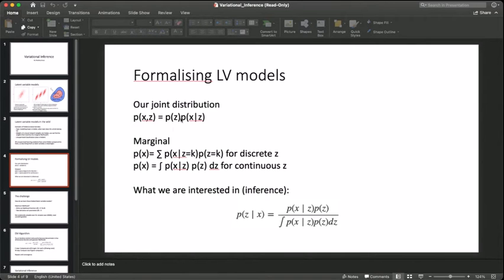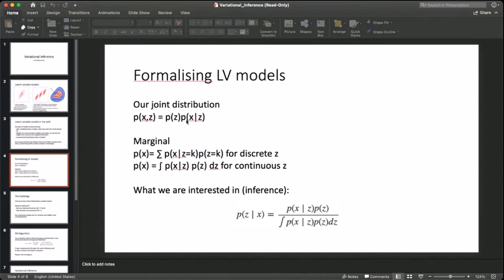p of z, like we said, is our generative story. If we were actually generating the data, we would first get our hidden variables and give assignments to them. So pick a color of my shirt, red, pick a size of my shirt, pick a clothing material, silk, whatever. And then given all our hidden variables, we produce our data, like an image of a shirt.